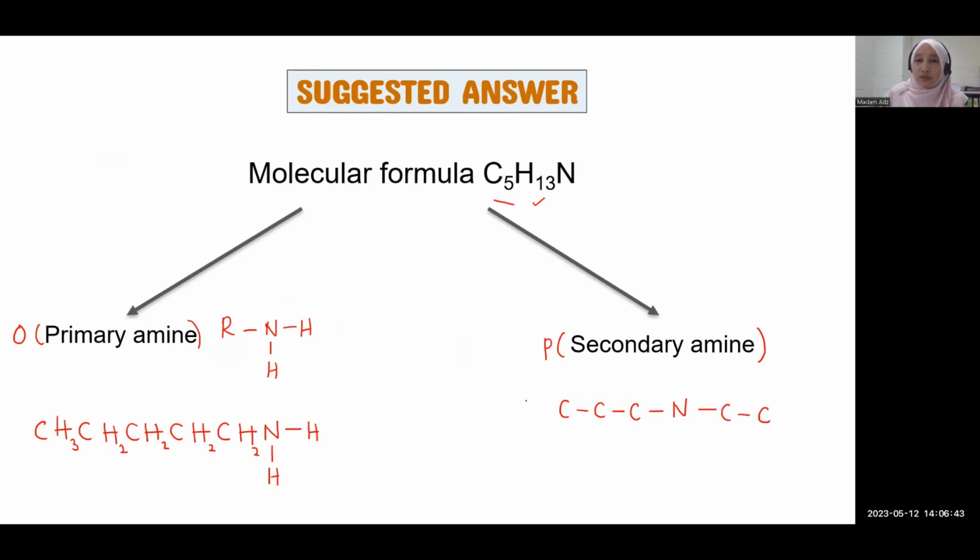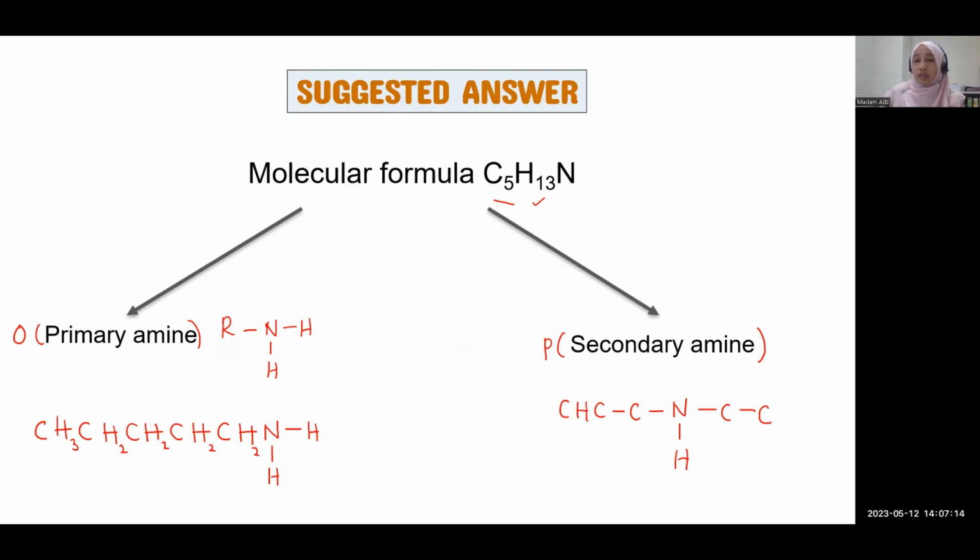Oh, no, sorry. We have to put one more carbon on top here. So 1, 2, 3, 4, 5. We can have another one. I think we can have more than one possible structure. Here C, and then we have H here. So we have one alkyl group and another alkyl group here. Right? So we have formed the secondary amine.